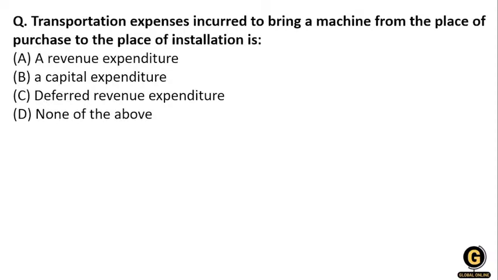When you purchase some big machinery, the installation charges are paid by the company. So what kind of expenditure are those installation charges? The options are: revenue expenditure, capital expenditure, deferred revenue expenditure, and none of the above. So what will be the right answer?